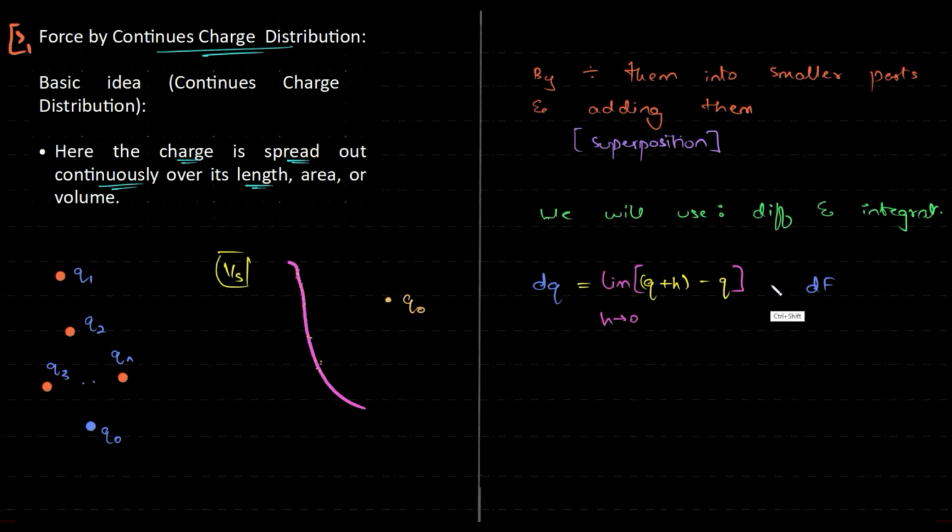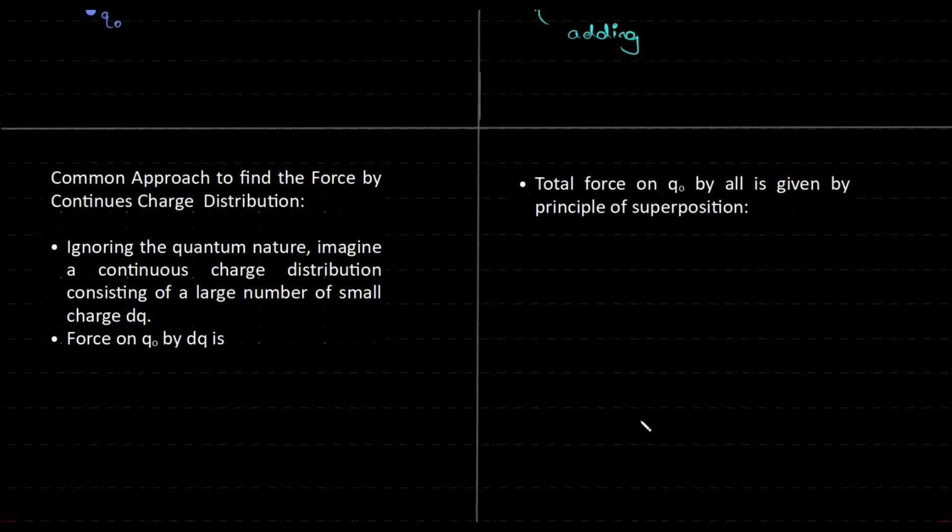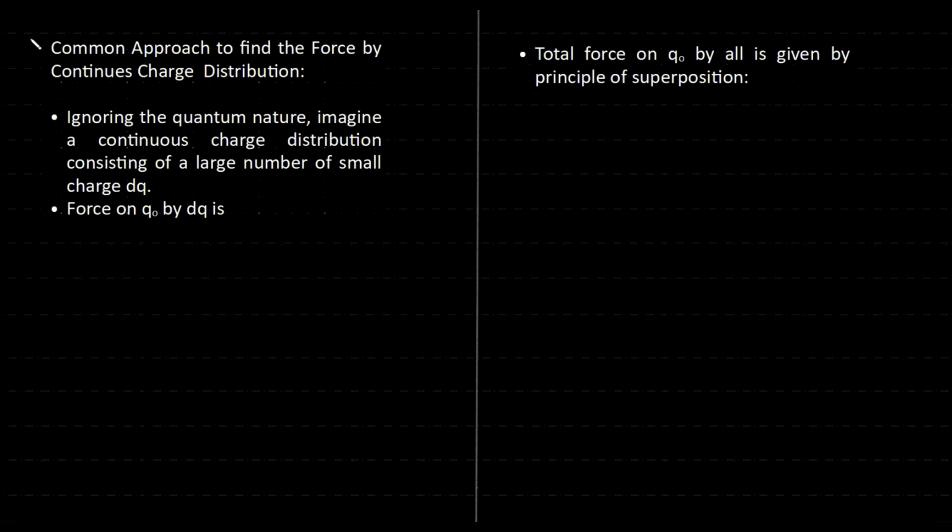Okay, and this produces a force dF. And once we know dF, we can find F by what? By integrating. Okay, guys, integration is nothing but adding. It's a fancy way of telling, let's add up a particular function behaving in a particular way. Is it not?